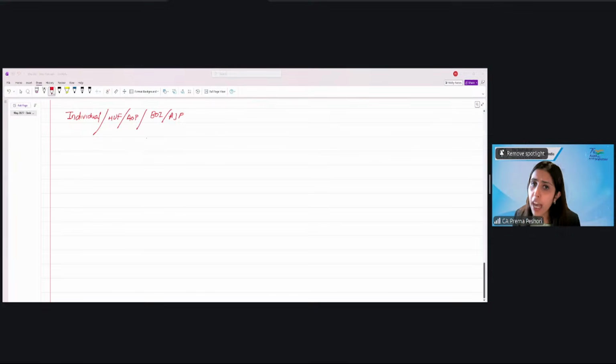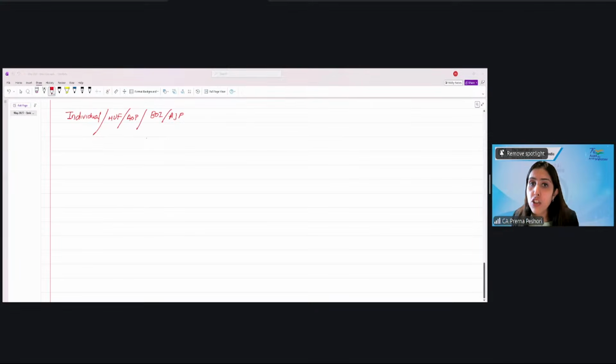So one we have is the default tax regime, as I told you. Now, when we talk about the default tax regime, we mean that this will be considered as your default tax regime. By default, these tax rates will be applicable to you unless you exercise the option of opting out of that.